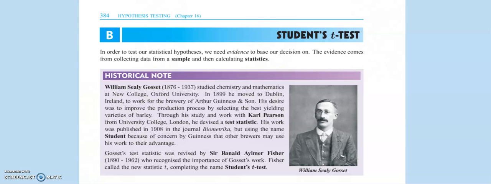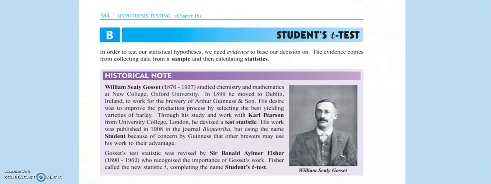But it basically tests the mean of a population, what we expect the mean to be for that population, versus the mean of a sample, and whether that mean of that sample either goes along with what we think the mean of the population should be or says that our population mean is inaccurate.